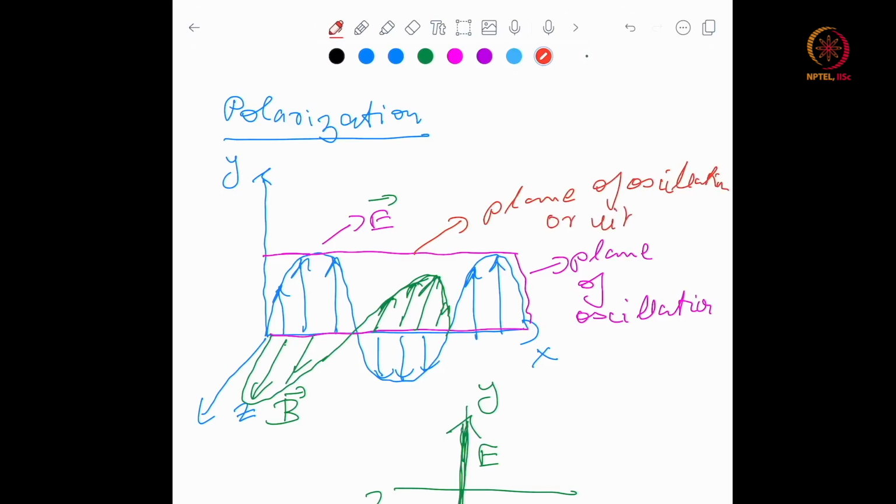We represent the wave's polarization by showing the extent of its electric field oscillations in a head-on view. So this is the head-on view, which shows the wave's polarization, the head-on view of the plane of oscillation.